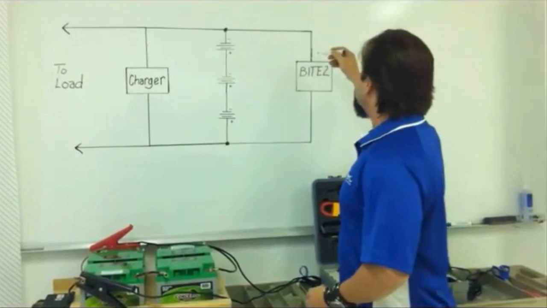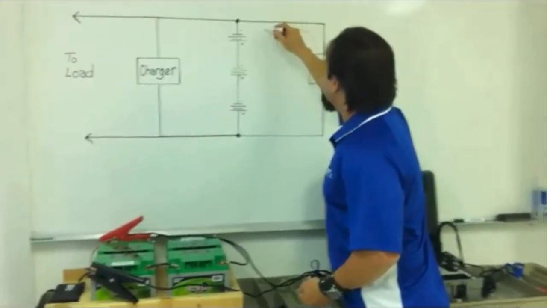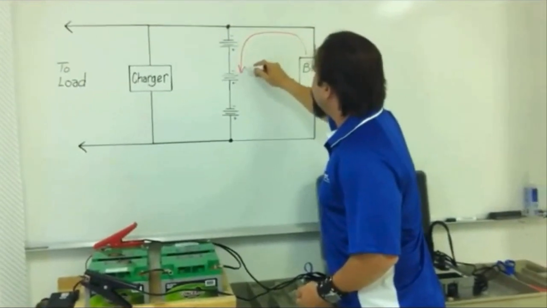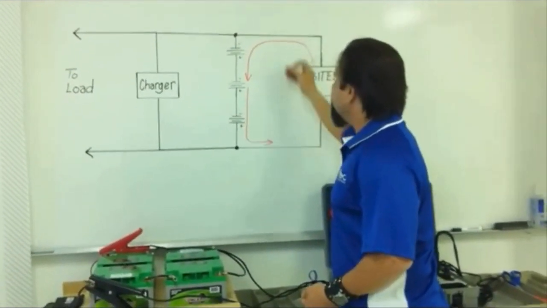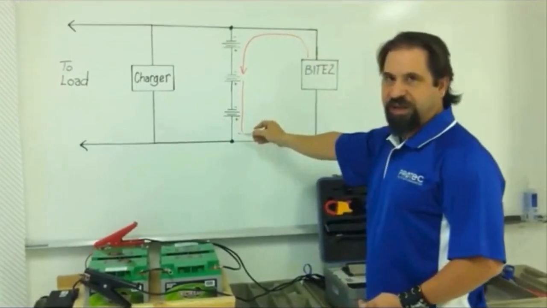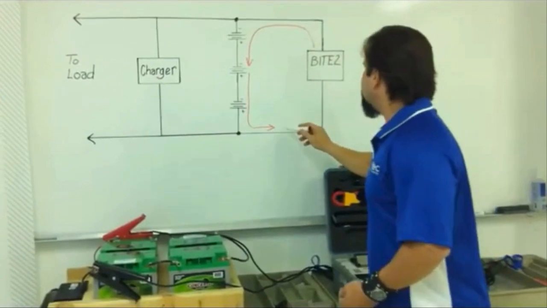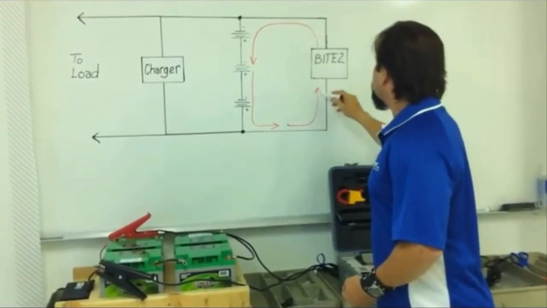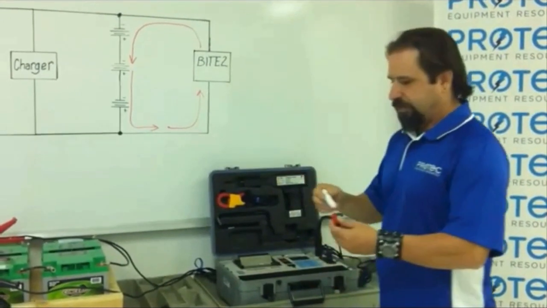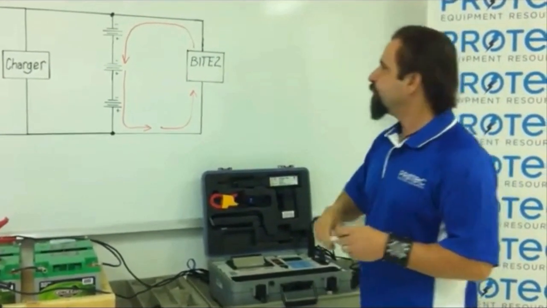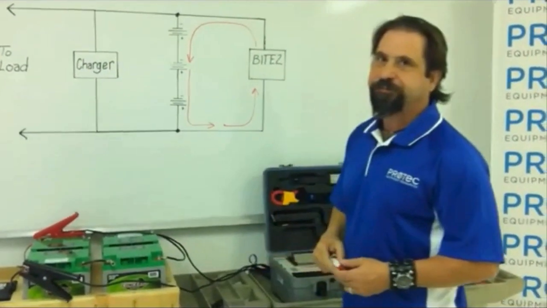Therefore, when we inject the AC current, the vast magnitude of current is going to flow through the battery string, being that this is the lower impedance path as compared to the load. So all current should flow through the battery string back to the transmitter with no carryover into the load circuit.